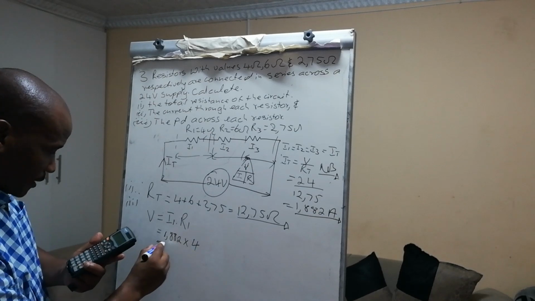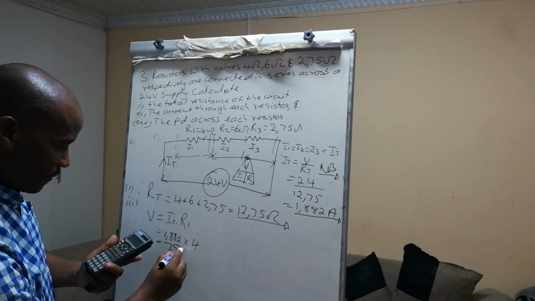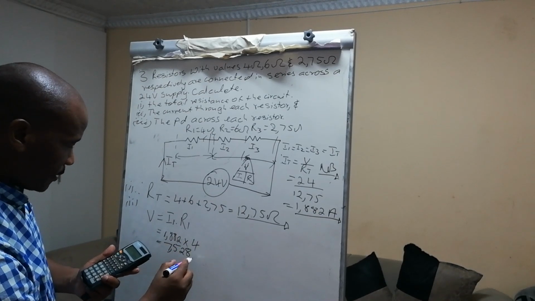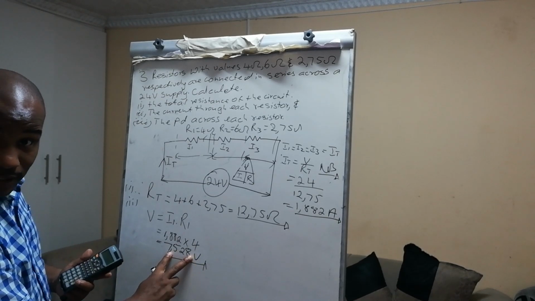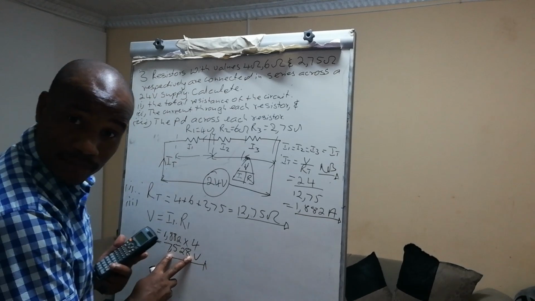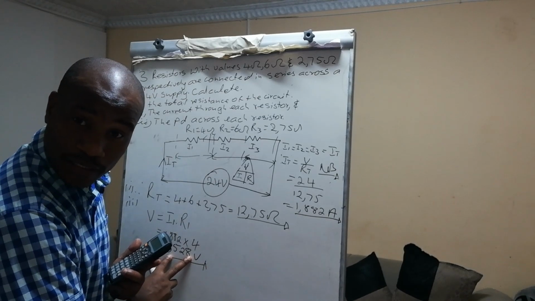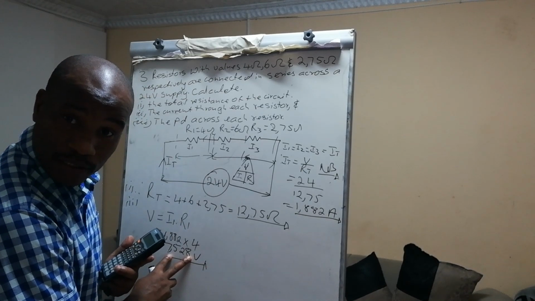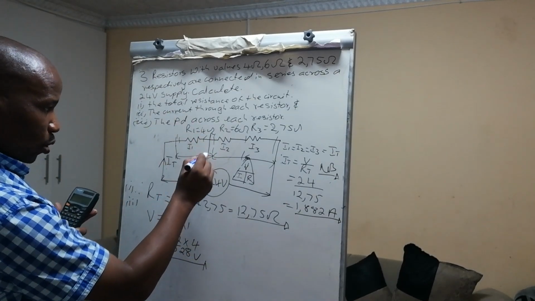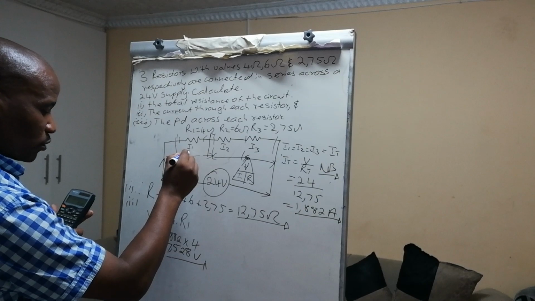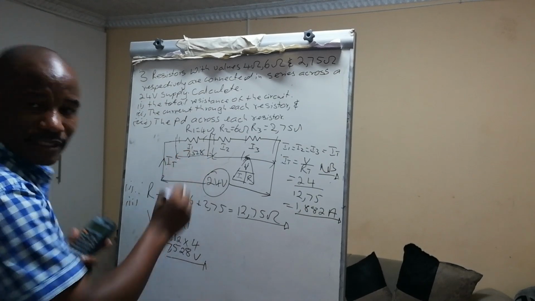And it's equal to 7.528 volts. This, my fellow scholars, not students, is the voltage drop there, equal to 7.528.